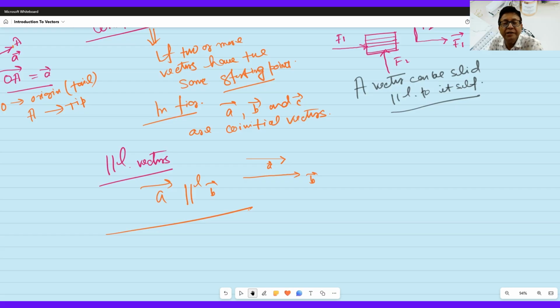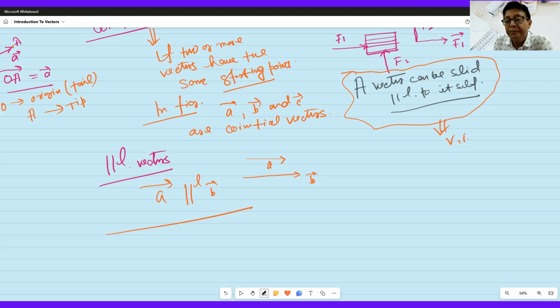But tell me one thing, this property is very important. A vector can be slid parallel to itself. So we can slide the vector B towards the vector A or A towards B. We can make them collinear.